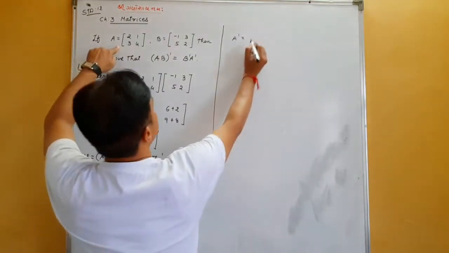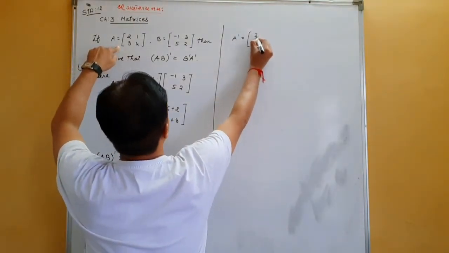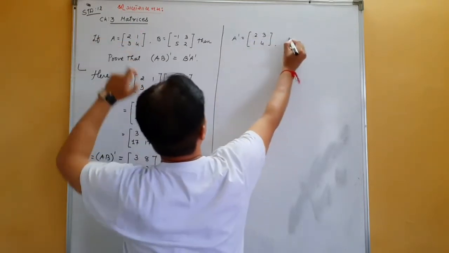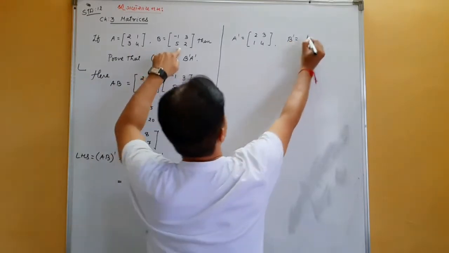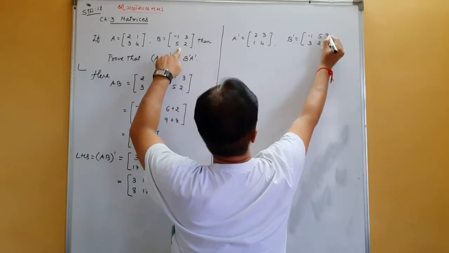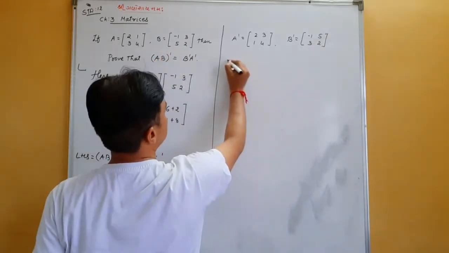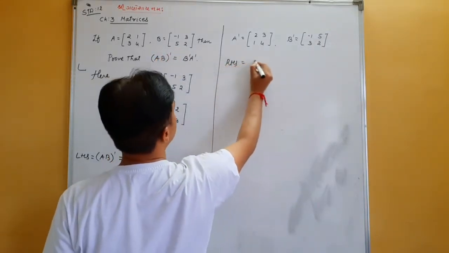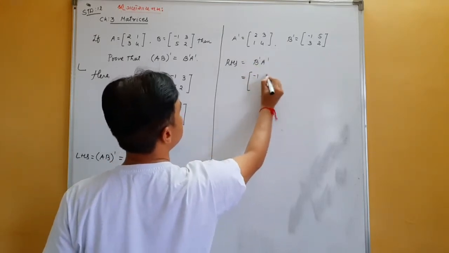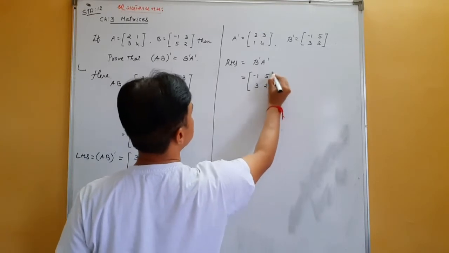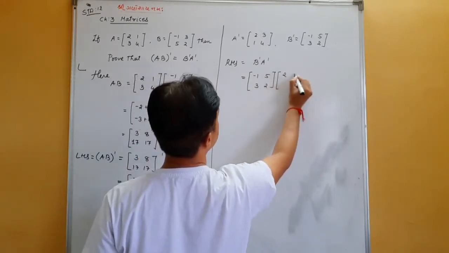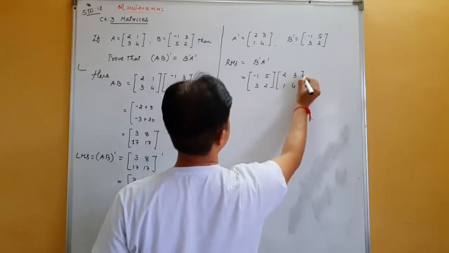A' is the transpose of A, and B' is the transpose of B. Now the right hand side is B' into A'. B' is [-1 5; 3 2] and A' is [2 3; 1 4].